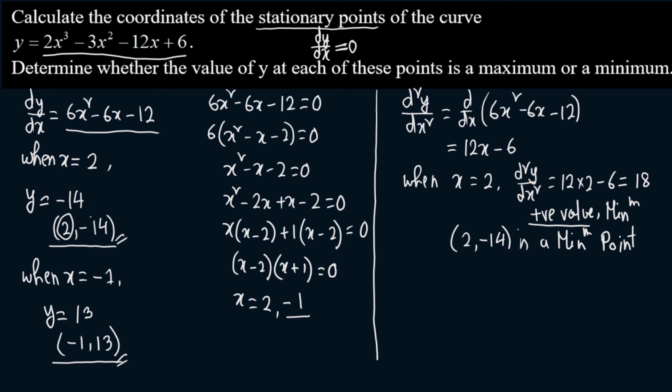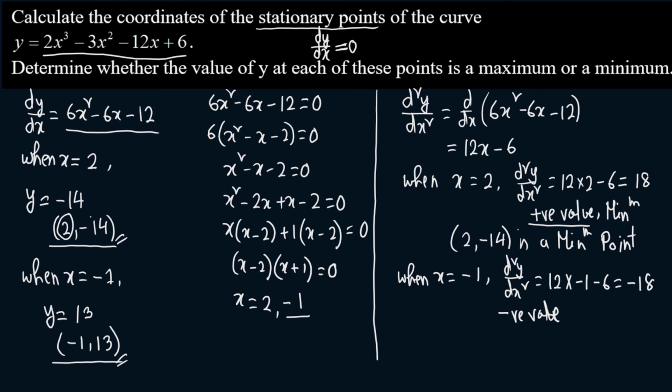Next we put the value x equals minus 1. Then d square y by dx square equals 12 into minus 1 minus 6, which is minus 18. So it's a negative value.